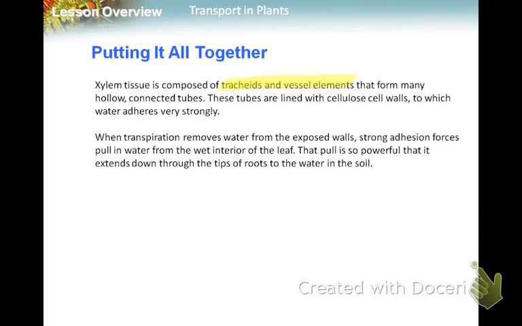These tubes are lined with cellulose cell walls to which water adheres very strongly. When transpiration removes water from the exposed walls, strong adhesion forces pull in water from the wet interior of the leaf. That pull is so powerful that it extends all the way down into the soil.